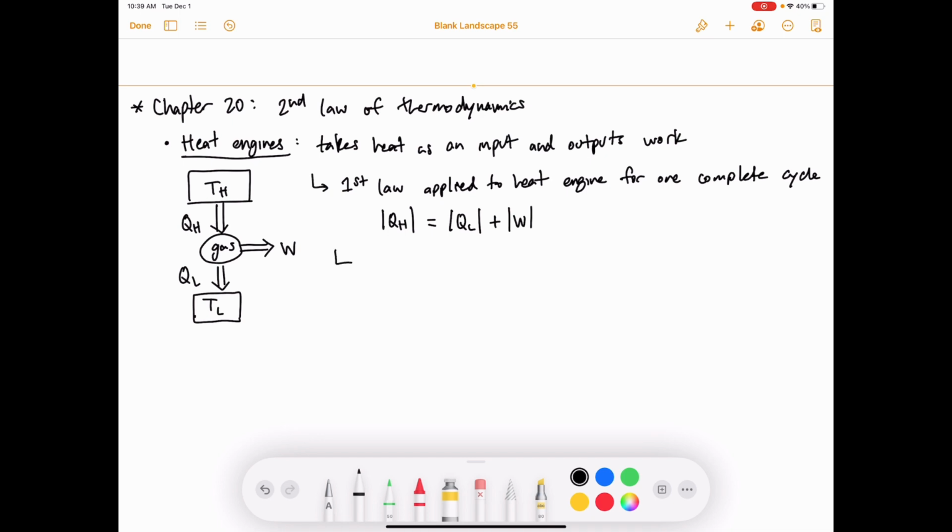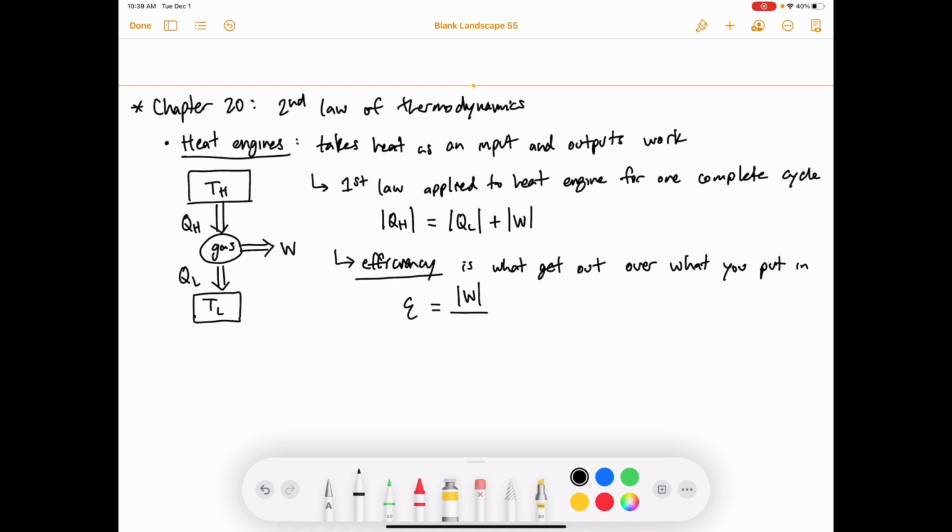Now, one thing we're always interested in when it comes to a heat engine is efficiency. Now, efficiency is what you get out divided by what you put in. So epsilon stands in for efficiency. That's equal to, what do we get out? Well, that's work. So the absolute value of W goes on top.